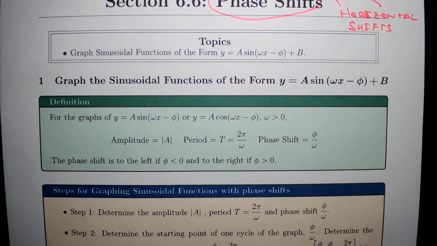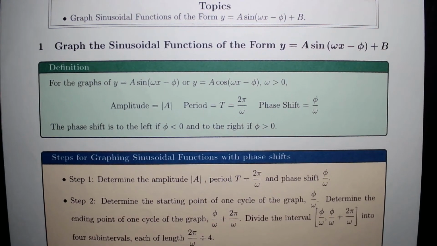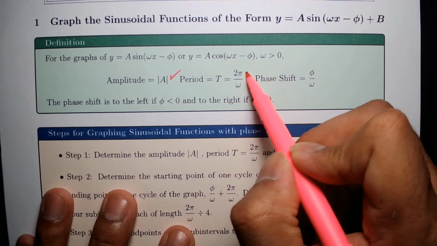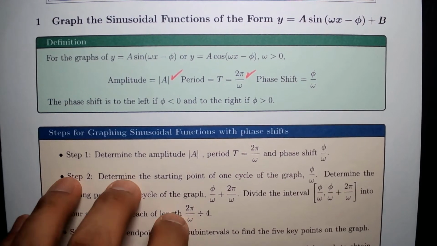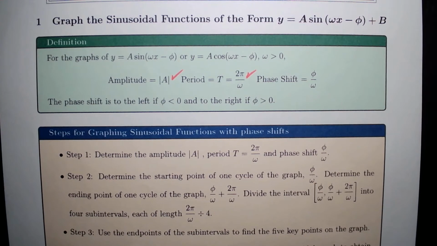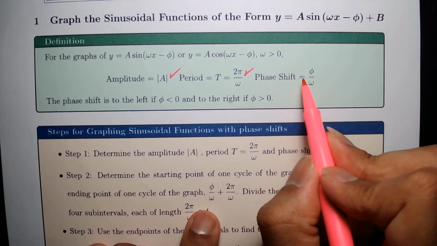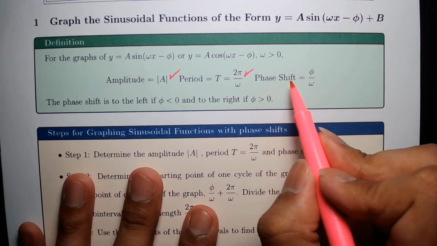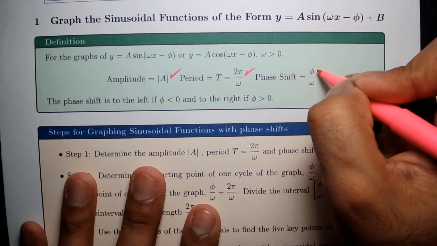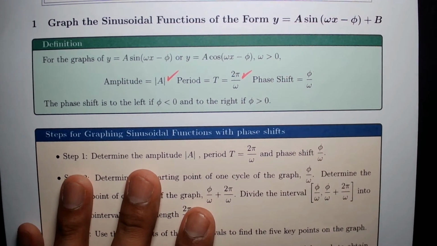Alright, let's bring back some of the definitions from the previous section. We know what the amplitude and the period are. Phase shift is the new property for this kind of function, and it is the quotient between phi and omega. Where is this coming from?